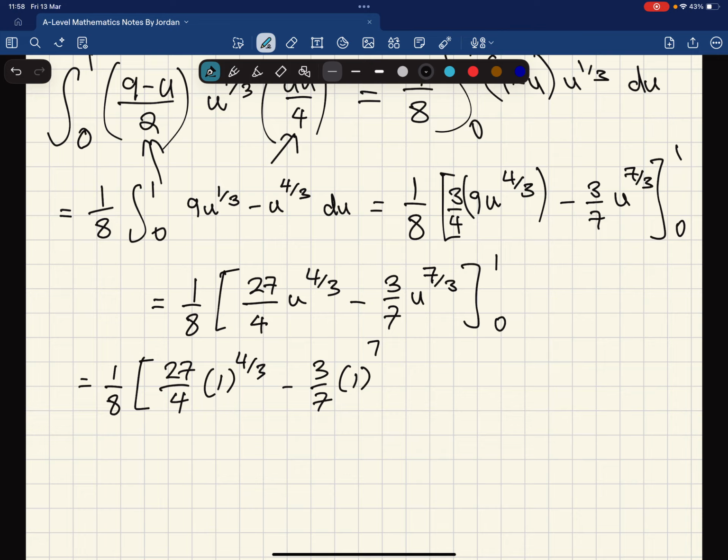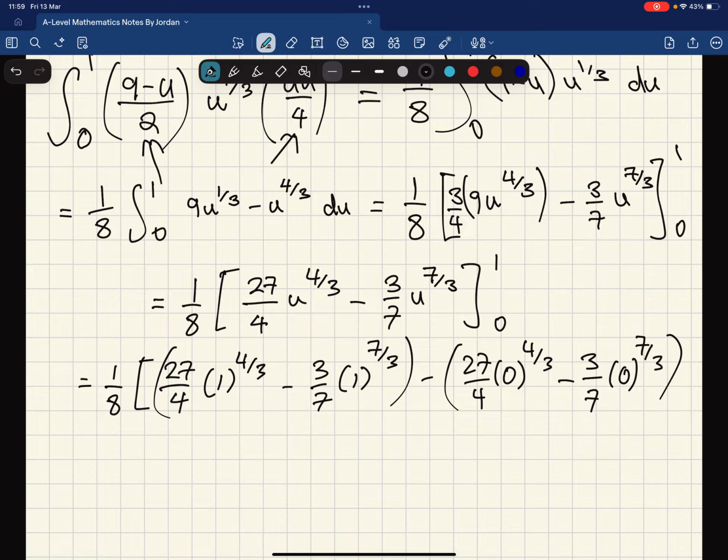But I'm going to do it anyway, just to be complete. Because you should write your working anyway, even if you know it's going to simplify or just go to 0. Still good practice.